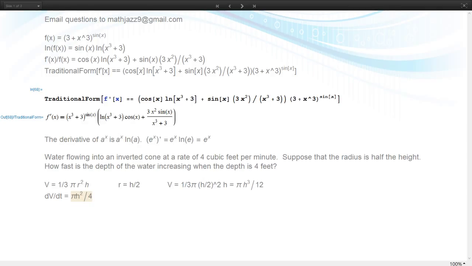So we get dV/dt equals pi h squared over 4 dh/dt. There we go.